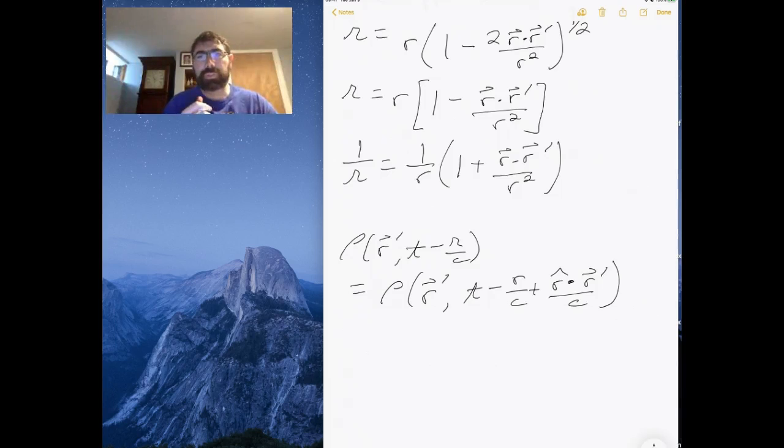So now what we want to do is a Taylor expansion of the charge density.